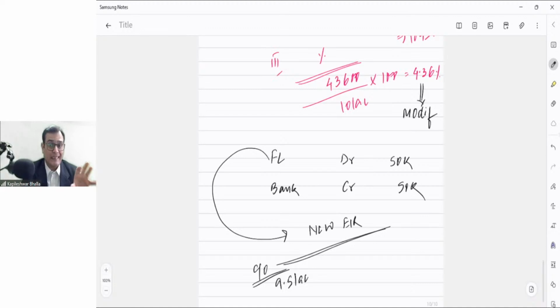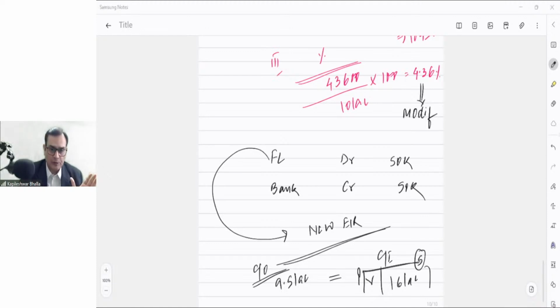So we can say the net fair value in the books of account is 9.5 lakh. And if you look at the inflow, the inflow is going to be 16 lakhs at the end of 5th year. So now you need to get a discounting rate at which the present value of this 16 lakh will equal 9.5. So you need to do a hit and trial method and calculate when the present value of 16 lakh rupees will equal 9.5 lakh.